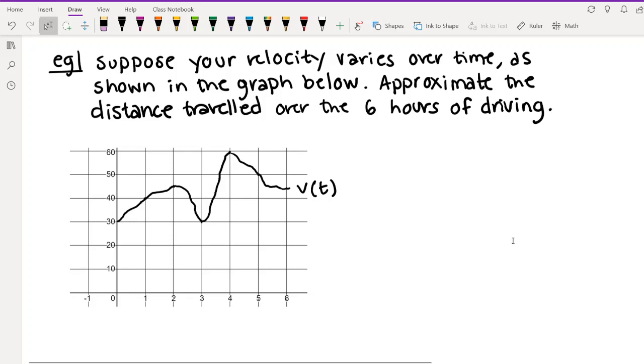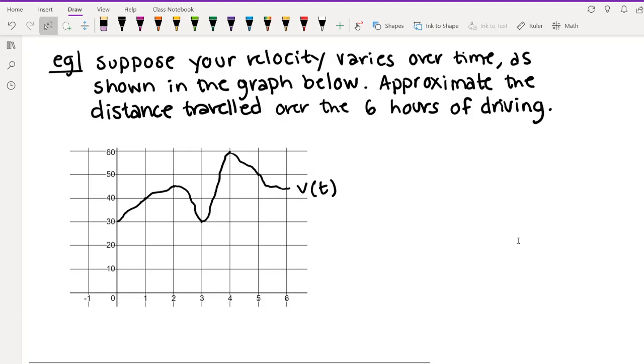Okay, so how can we do this using the tools that we discussed earlier in this video? We can use rectangles, right? Because as we just said, if we were to find the exact area under this graph, that would give us the exact distance traveled, but we don't know how to find exact areas yet.